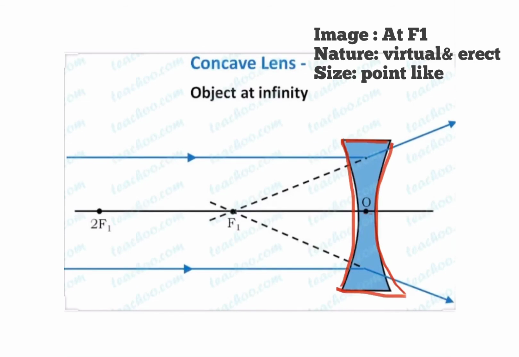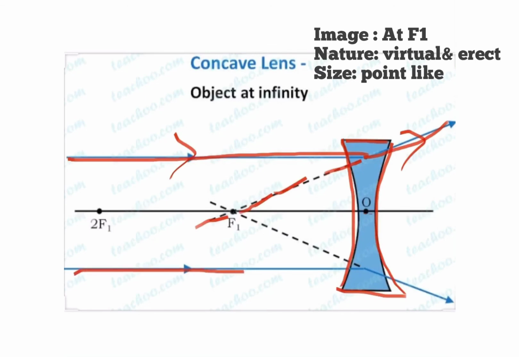Now we'll consider the first case in which object is placed at infinity. Since the object is placed at infinity, the rays coming from the object will be parallel to principal axis. So consider the first ray which is parallel to principal axis. So it will get refracted like this way, and when it is extended backward, it is passing through F1.